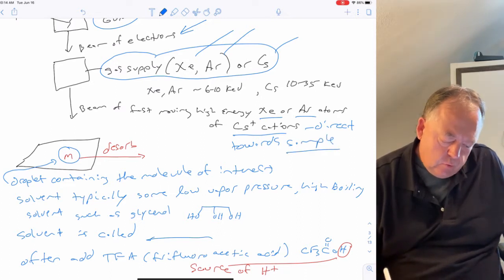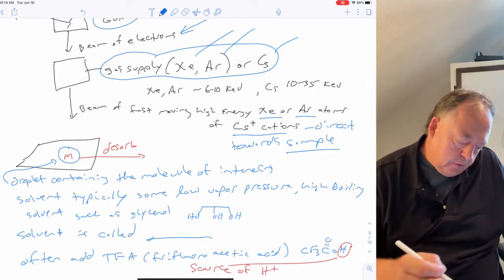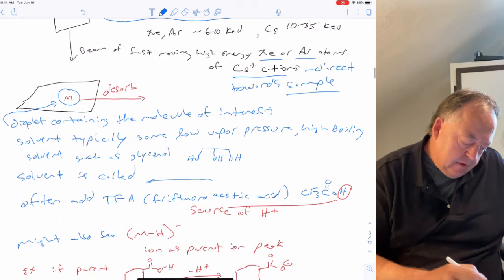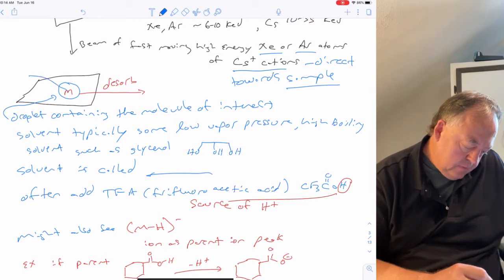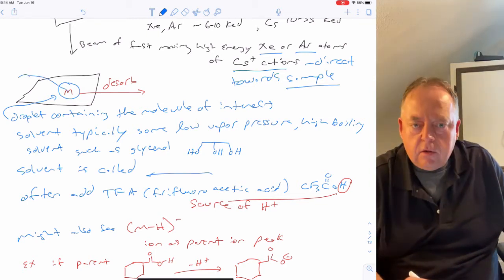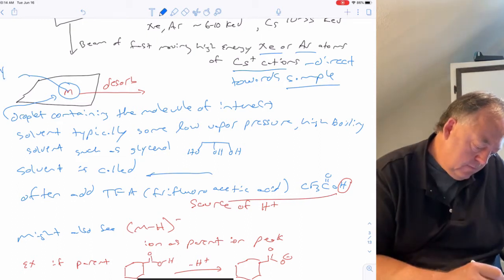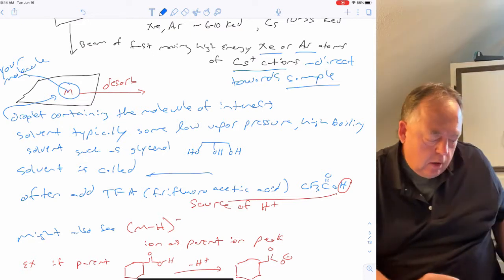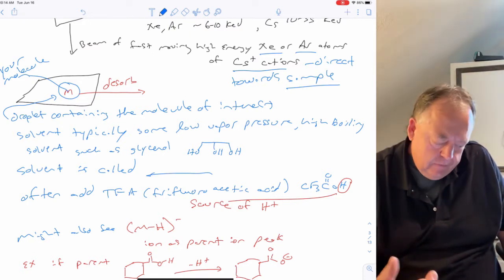And then you direct that beam of xenon, argon, or cesium cations towards your sample. So M is your sample, M meaning the molecular ion. Well, it's not an ion yet, it's your molecule, whether that's a small organic molecule or a big complex organic molecule like a protein.